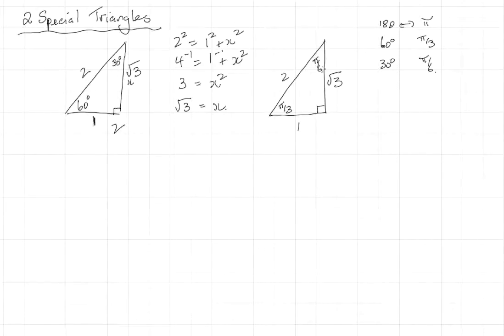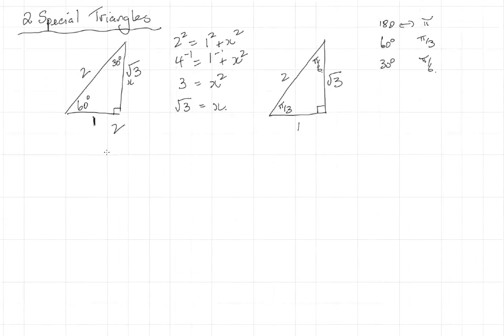So that allows us to work out the exact value of sine, cos and tan of those angles. I will leave calculating those till a little bit later, because I'll just look at the second triangle.